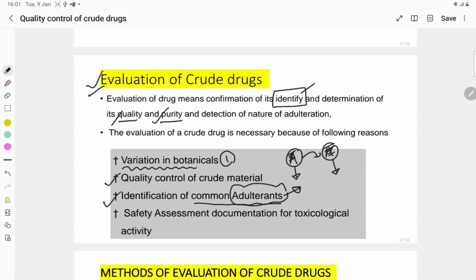Fourth important point is safety assessment or documentation for toxicological activity.